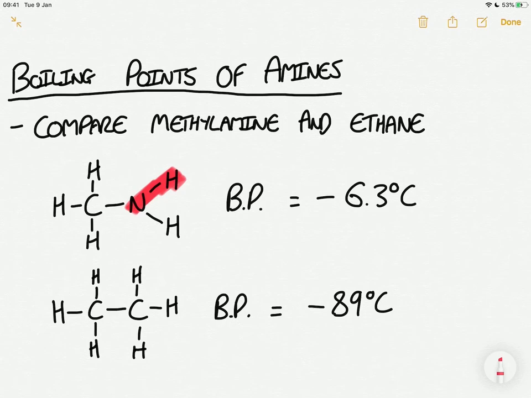Any compound which has an NH bond, an OH bond, or an FH bond is capable of forming hydrogen bonds. And we typically list hydrogen bonds as the strongest intermolecular force. So methylamine can participate in hydrogen bonding. Hydrogen bonding is the strongest intermolecular force, and therefore that raises the boiling point of methylamine.